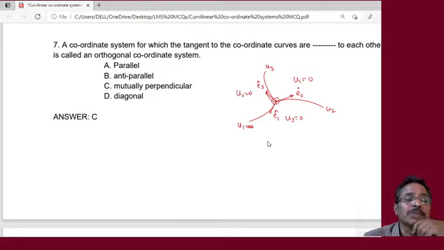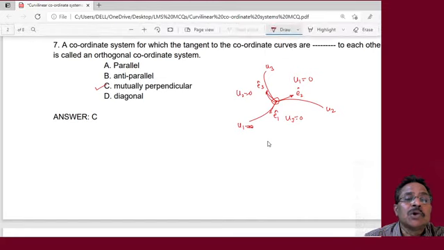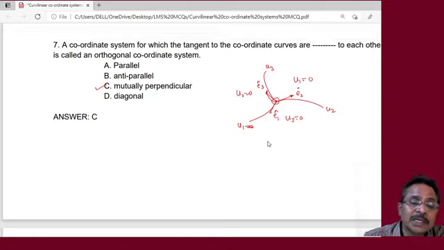Therefore the correct option of question number 7 is C, mutually perpendicular. So the coordinate system for which the tangents to the coordinate curves are mutually perpendicular to each other is called an orthogonal coordinate system.